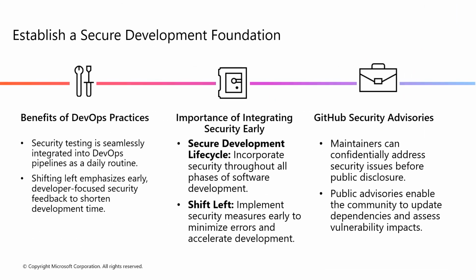Another big theme here is shifting security left in the development lifecycle. Instead of waiting until the deployment stage to run scans or checks, modern DevOps practices allow us to run them early and more frequently. This shift helps you catch issues when they're easier and, more importantly, cheaper to fix.